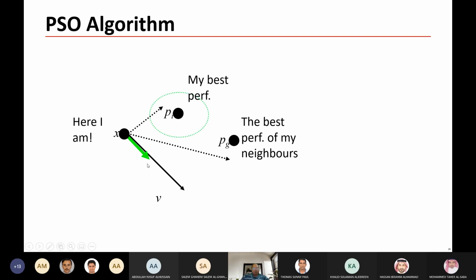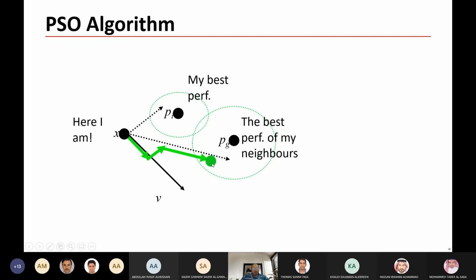So you have another component here for the cognition part, which is parallel to the difference between x and the personal best. So this component is parallel to the difference here, and another component parallel to the difference between the current position and the global position. So this is the third component of the velocity.